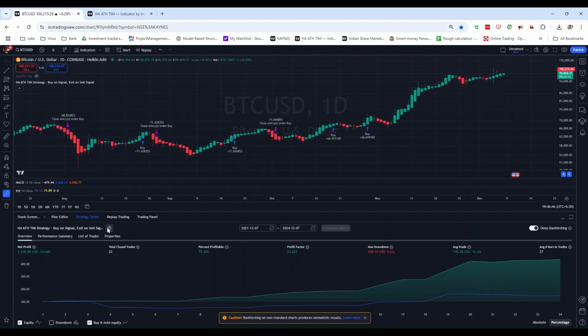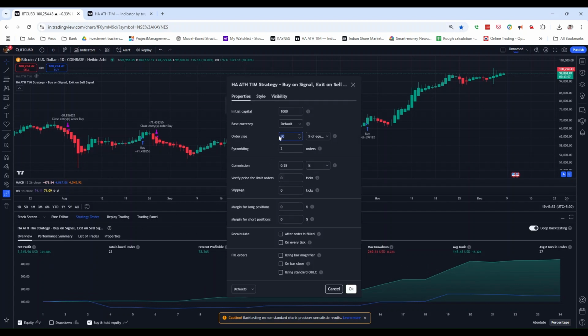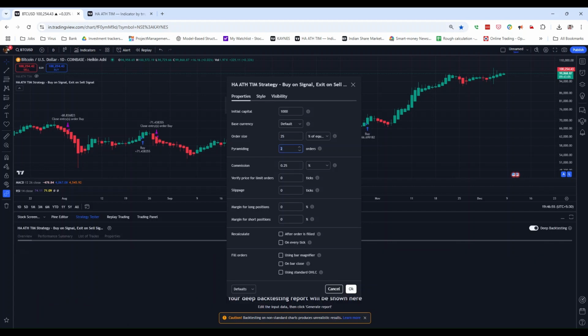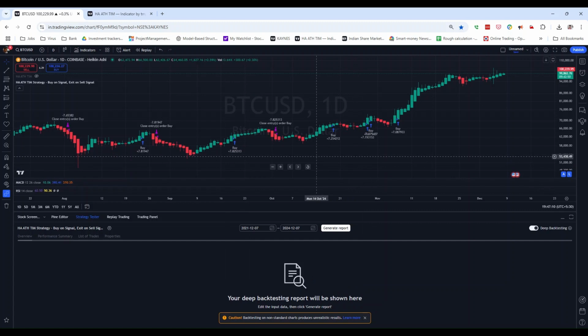I can improve this drawdown by changing it further. You can also try and see how it works for you. Here I deploy 25 percent whenever there is a buy signal, and I deploy it four times, because 25 times 4 is 100 percent, in four instances.